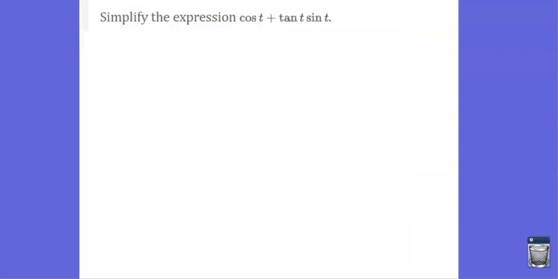All right, so this first one, notice what I have: cosine plus tan times sine. What I want to do is simplify that expression. A good clue is to always try to go towards sine and cosine. Notice most of this is in sine and cosine, but tangent is not.